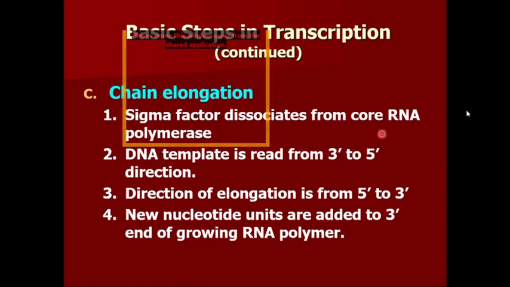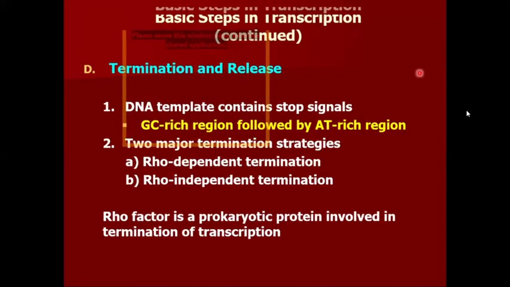Same. Okay? So if you remember the elongation step in replication, it's pretty much the same as in transcription. And then termination and release. Sorry. The DNA template contains stop signals.